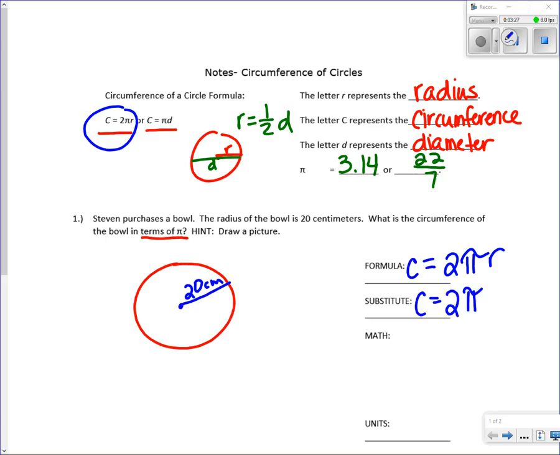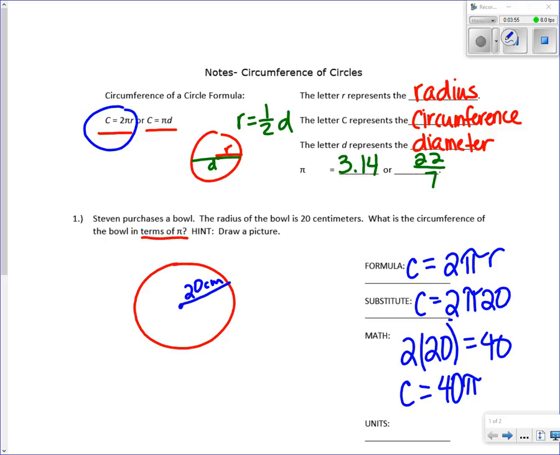We're leaving it in terms of pi, so we're leaving our pi symbol in there, and we know that our radius is 20 centimeters. Whenever you're multiplying, you can multiply in any order, so I'm going to multiply 2 times 20. So 2 times 20 equals 40, so circumference equals 40 pi.